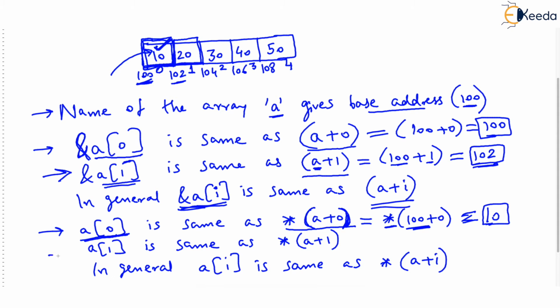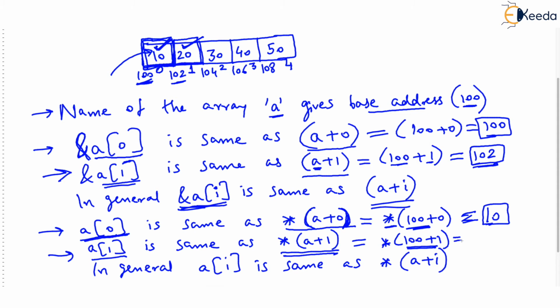But then what is A1? A1 means value of A1. That is 20. But the other way of writing it is asterisk of A plus 1. Because you know that A is 100 and you are adding 1 to it, and you are doing an asterisk before it. But 100 plus 1 is going to be 102 because we are talking about an integer pointer. And every integer we have assumed consumes 2 bytes. So incrementing an integer pointer by 1 will increment it by 2.